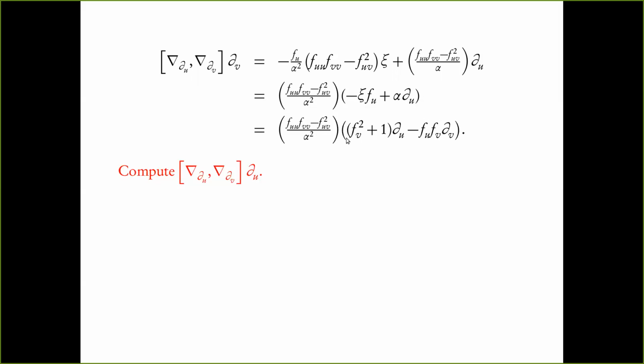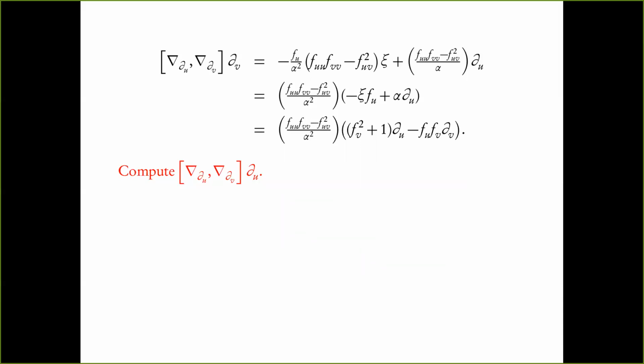Why? Because this term is never 0. This is always at least 1. This term could be 0, in which case either FU is 0 or FV is 0. And the only way this whole thing is 0 is precisely when this becomes 0. Okay? But that basically means that the determinant of the Hessian is 0.